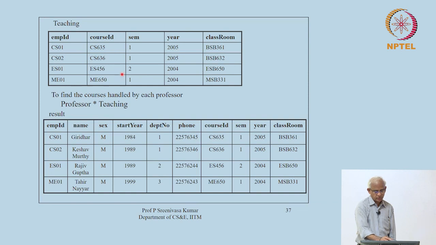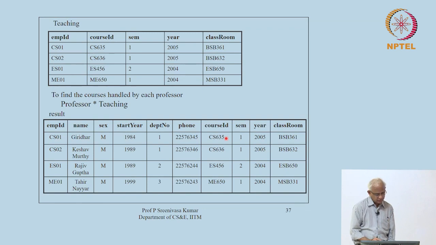And these are the courses being offered in so and so semesters and in what classrooms, etc. Now to find courses taught by each professor, we simply do a natural join between professor and teaching, because employee ID is the common attribute. Employee ID is the only common attribute.